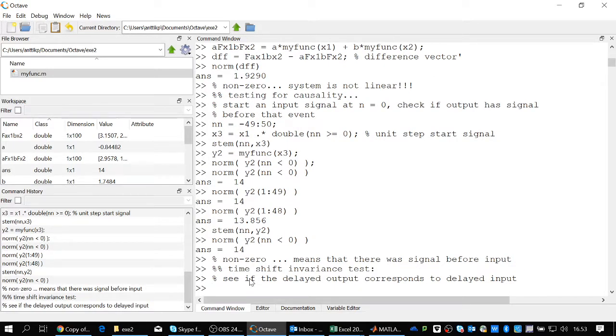So basically, we first make the delay. How to make the delay for any system? We can use the command filter to do the delay. So this is a one time step delay.